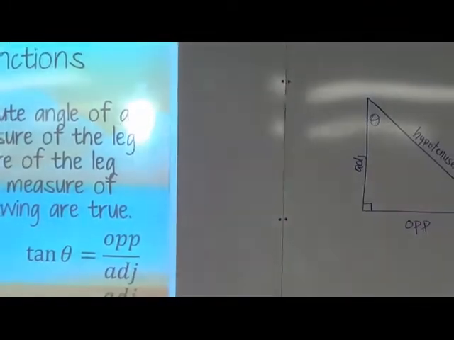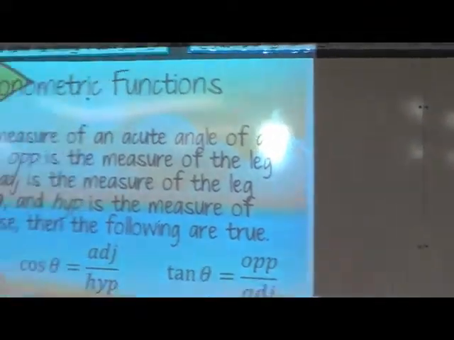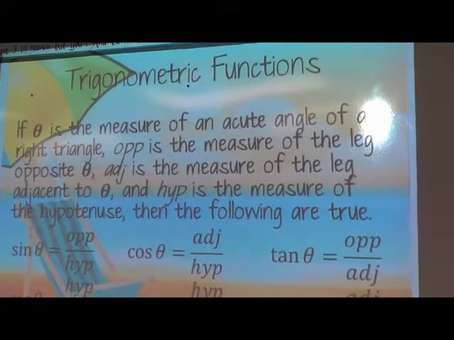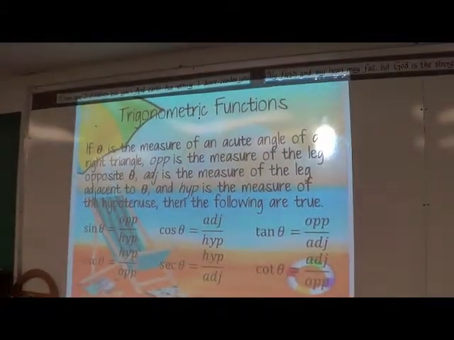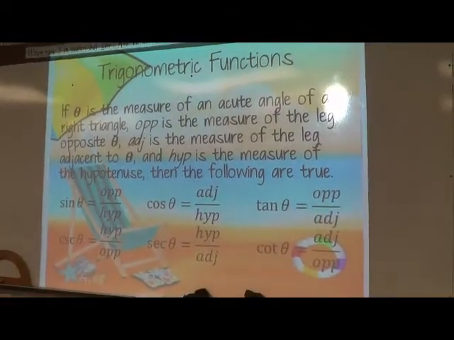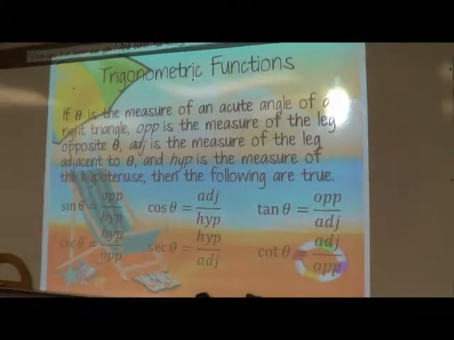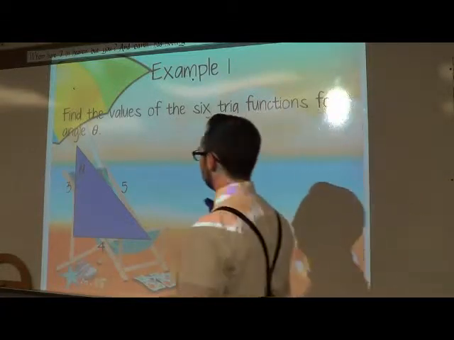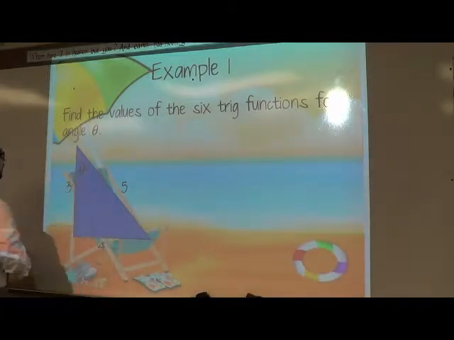Alright, so let's go back over here, and we are going to do an example of how to find these ratios. They give us a triangle, and it says the sides are 3, 5, and 4, and they tell us that theta is in this upper corner here, this upper angle.